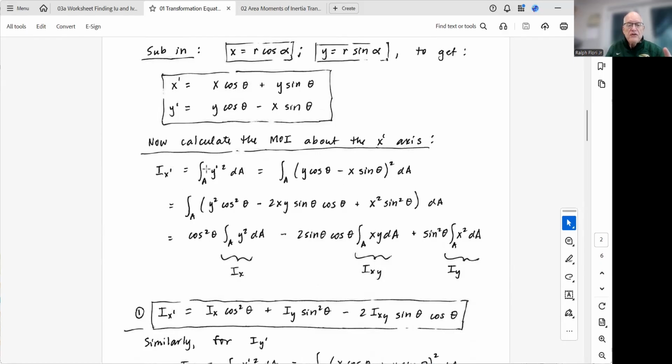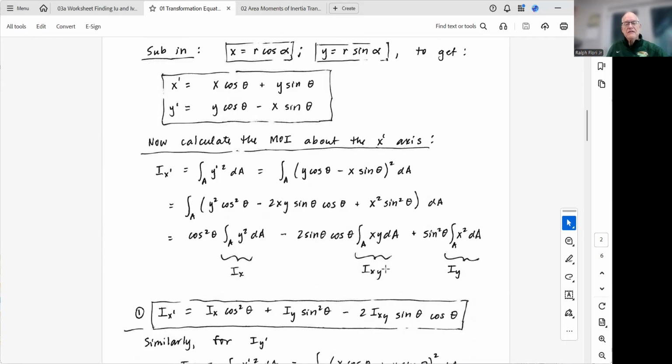And so once we squared this y prime, we got a y squared dA integral, which is Ix. We got an x squared dA integral, which is Iy, and then an integral of xy dA showed up, and that's our Ixy, or our product of inertia.